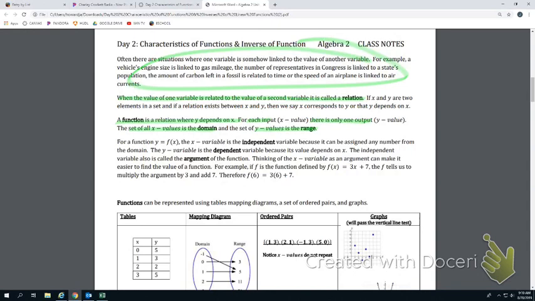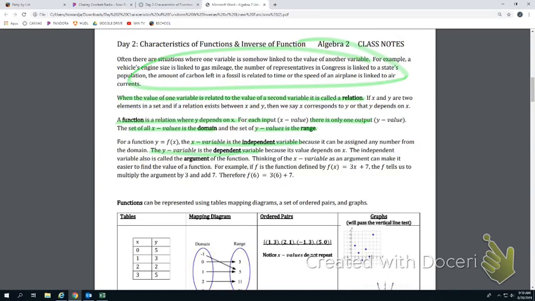For a function, y equals f of x, the x variable is the independent variable because it can be assigned any number from the domain. The y variable is the dependent variable because its value depends on the x.